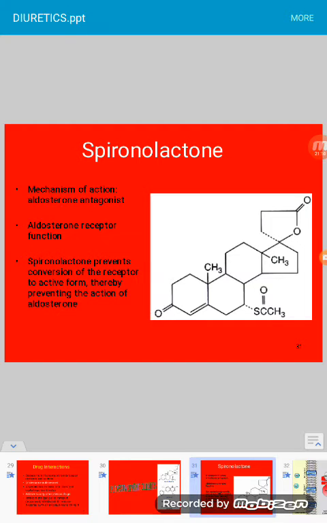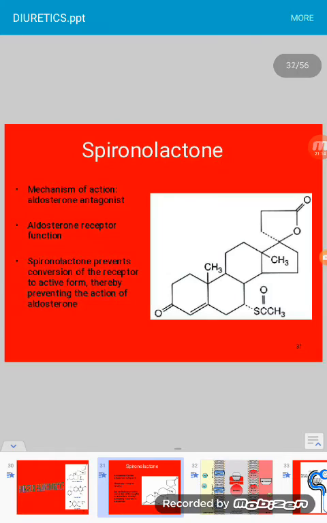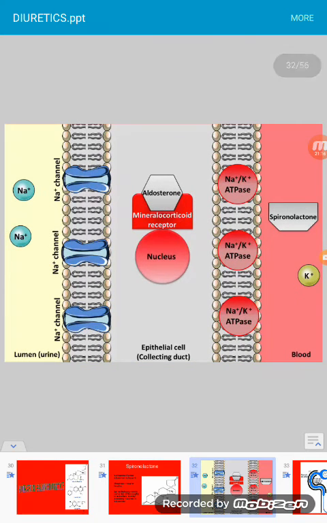So aldosterone is a hormone which exchanges sodium for potassium, and since this exchange takes place, for every molecule of sodium reabsorbed, potassium is excreted.